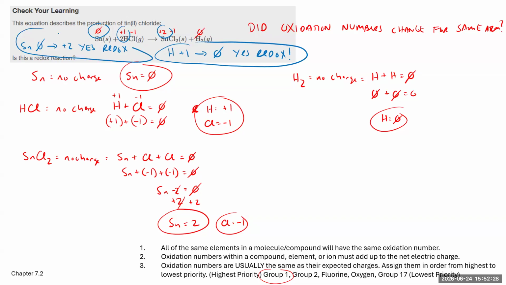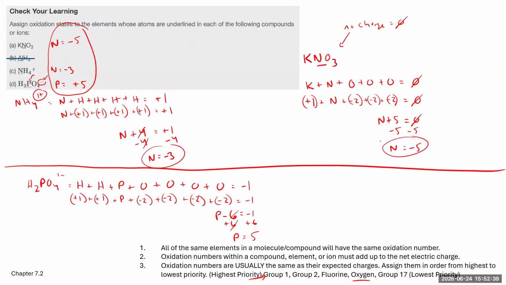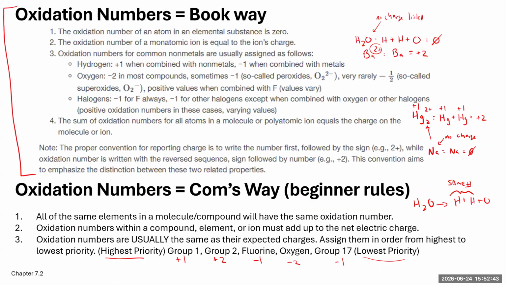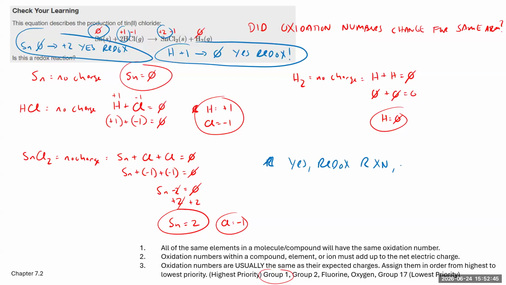And if we had to define what type of redox it is, and if we go back up here to our little list, right, it's a single replacement reaction. That's the type of reaction it is.